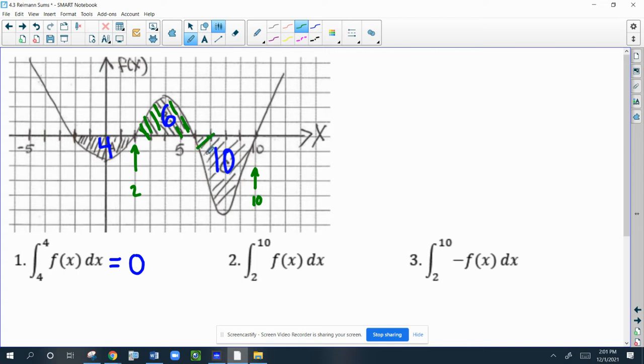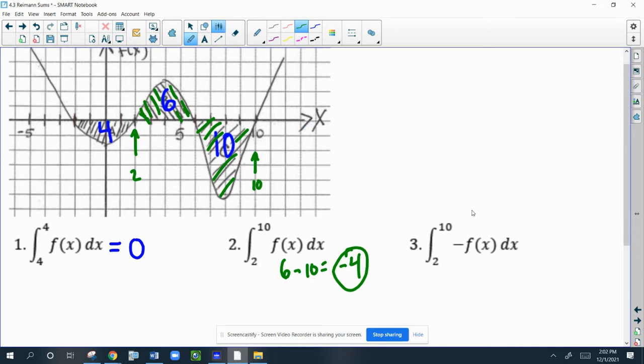But then from 6 to 10, the area is 10, but the integral will calculate as negative. So we have 6 plus a negative 10 or negative 4. Easy enough. So that's also using the property that the integral from 2 to 10 is the same as the integral from 2 to 6 plus the integral from 6 to 10.